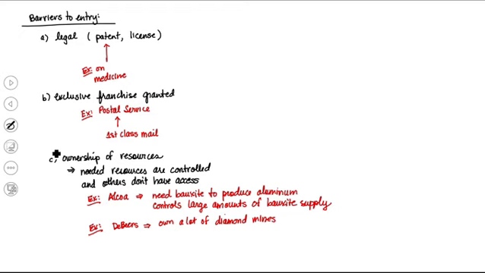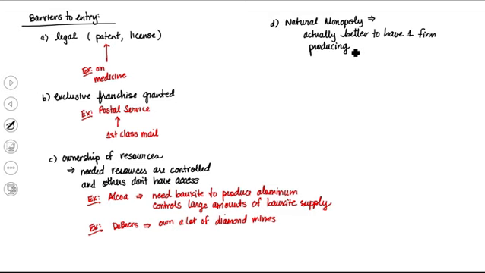A fourth category rather, and somebody brought up the electric utilities, and that's a really good example. But that falls under what we call a natural monopoly. A natural monopoly is going to be a situation where it's actually better to have just one firm producing.